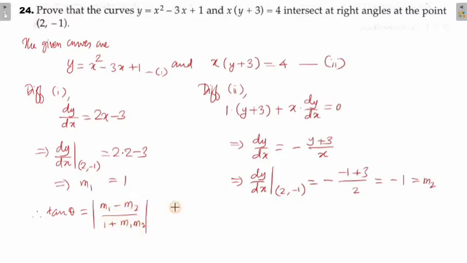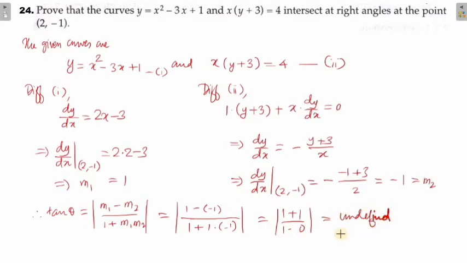Let's put the values. m1 is 1, m2 is minus 1. So the numerator is 1 plus 1, and the denominator is 1 plus m1 m2, which is 1 minus 1, that is 0, so it is undefined, isn't it?